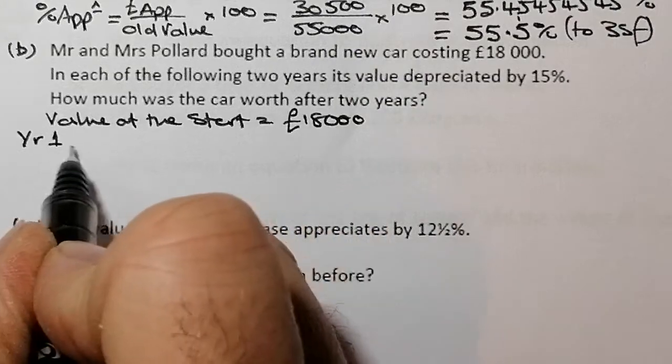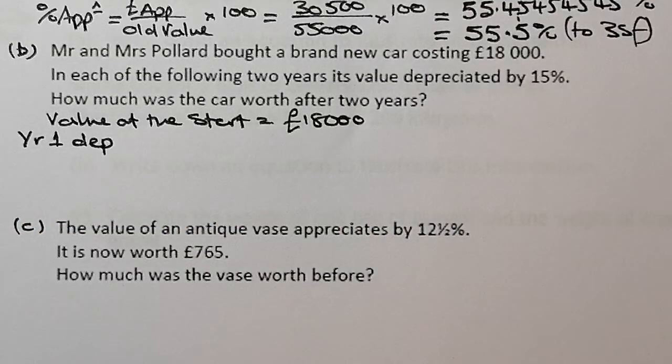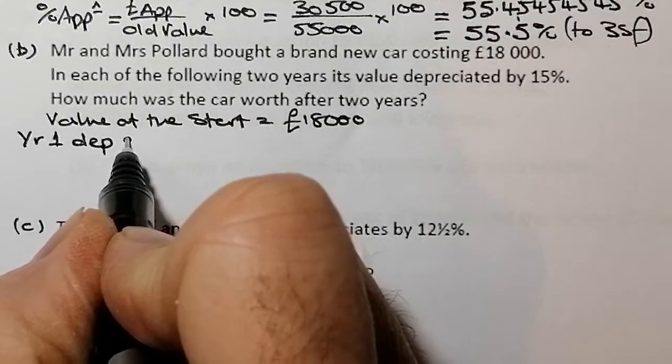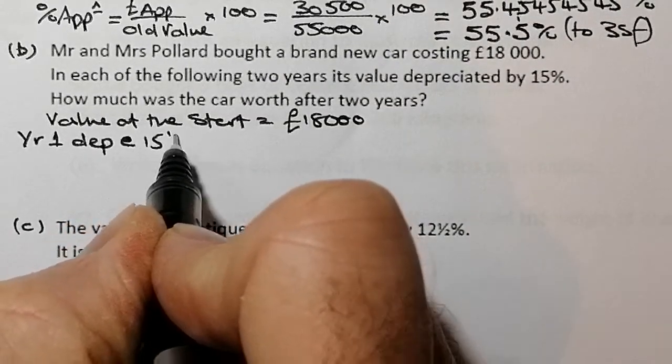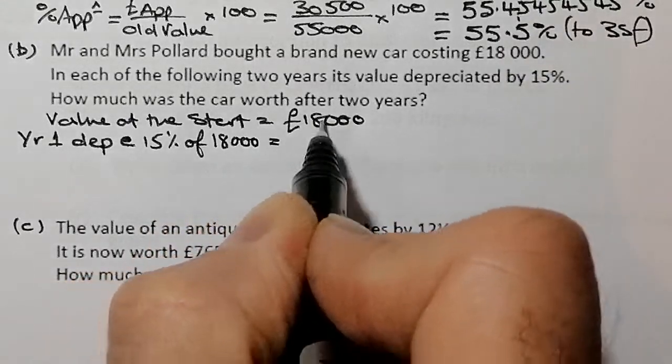What I'm then going to work out is the year 1 depreciation, and that's going to be 15% of the 18,000 that's up above.